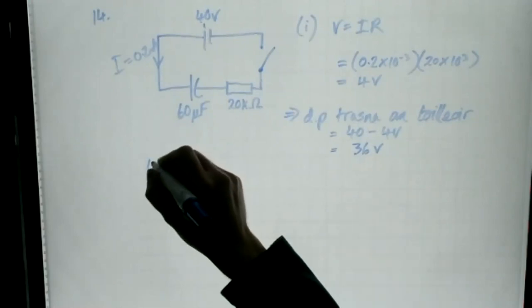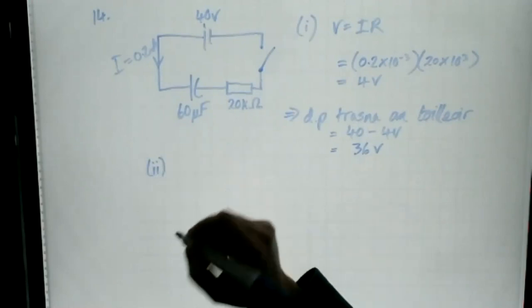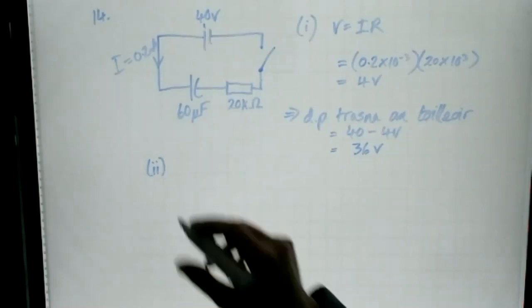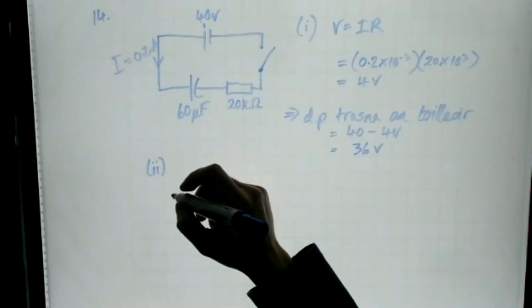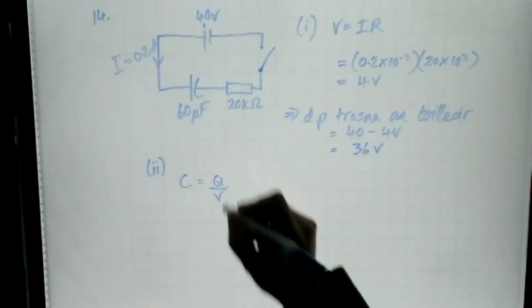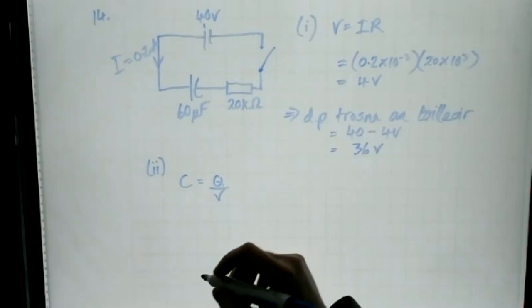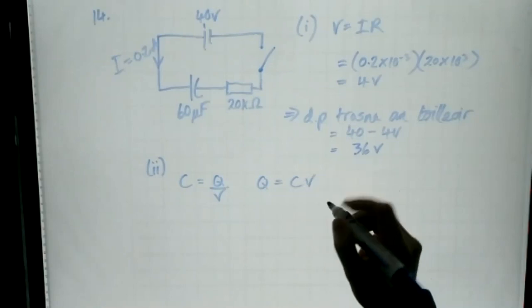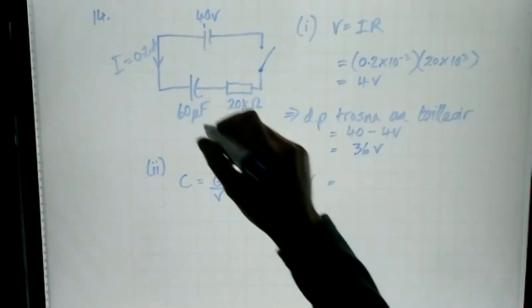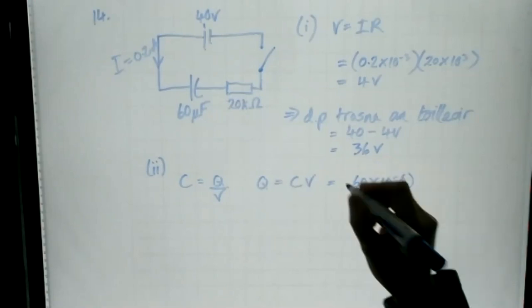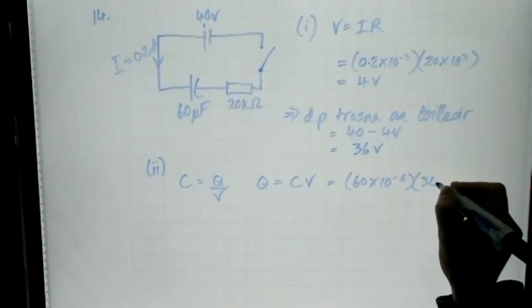Now, the charge on the capacitor at this instant. The formula is Q equals CV. The capacitance is 60 microfarads, so 60 by 10 to the power of minus 6 farads, and the voltage is 36 volts.